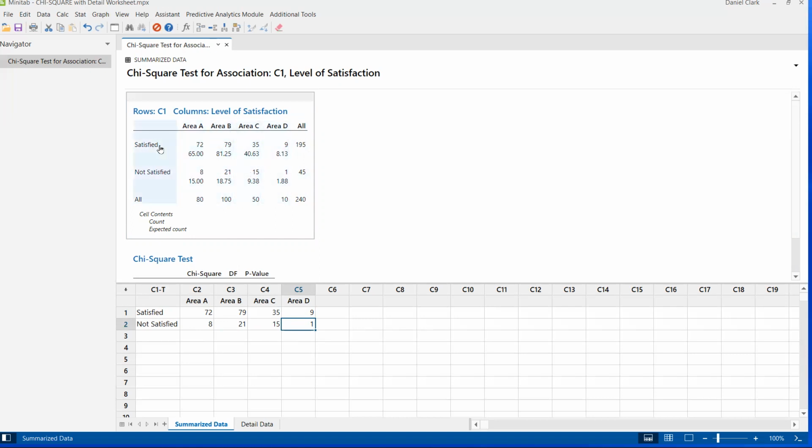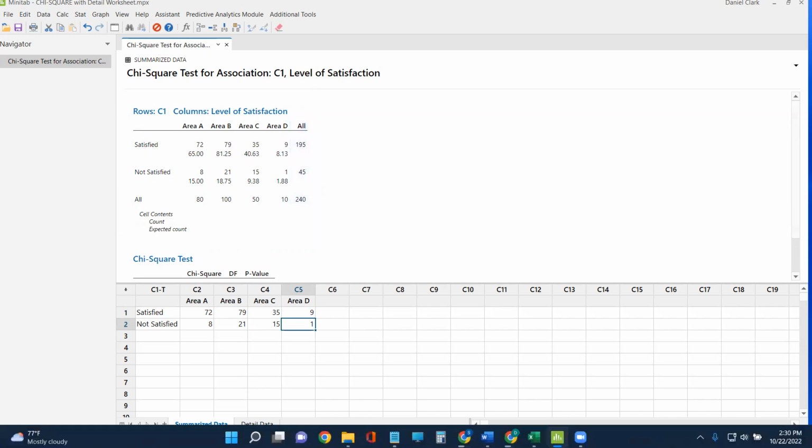So if I count across this row, I have 72, 79, 35, and 9 who are satisfied. That gives me a total of 195. The not satisfied, 8, 21, 15, 1, that's a total of 45, right? 195 plus 45 adds up to 240.